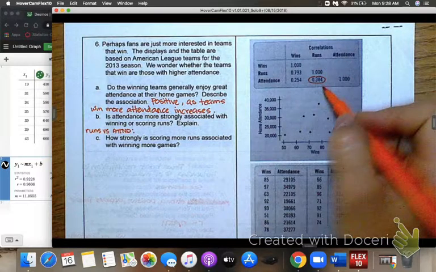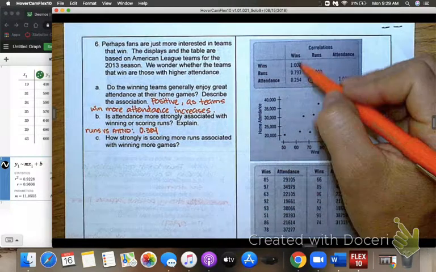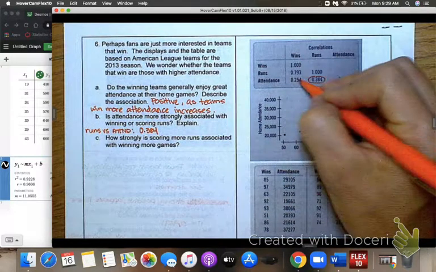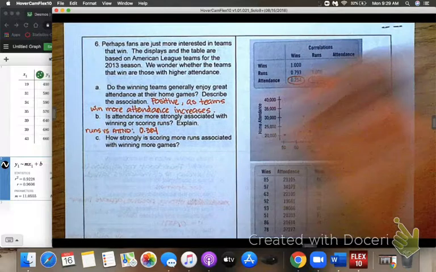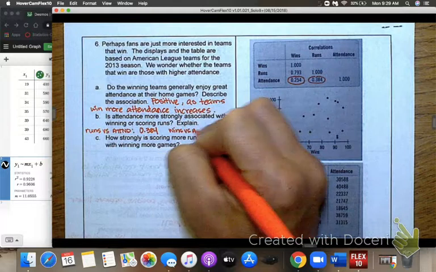Now when we're looking at the correlation between wins versus attendance, that would be here. Wins versus attendance is 0.254.